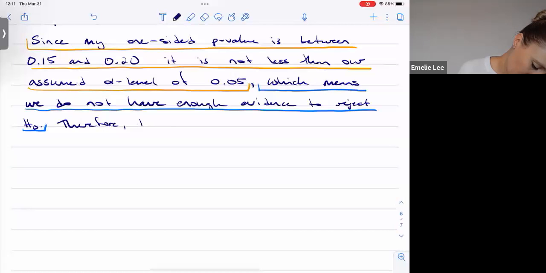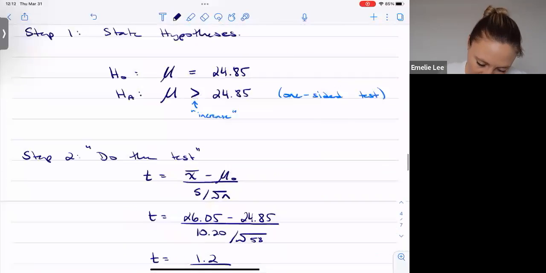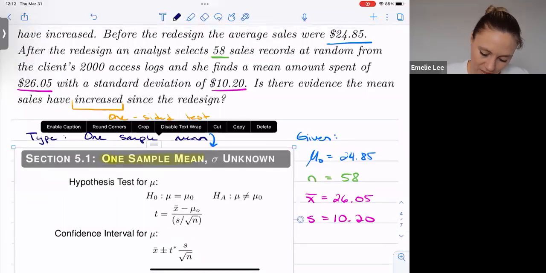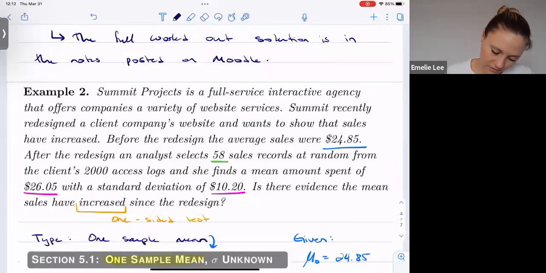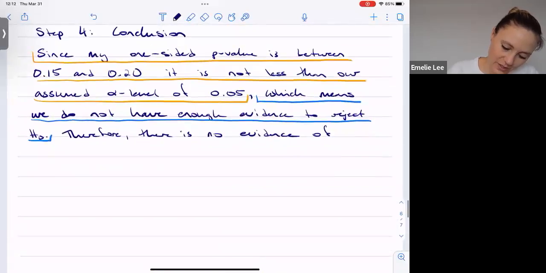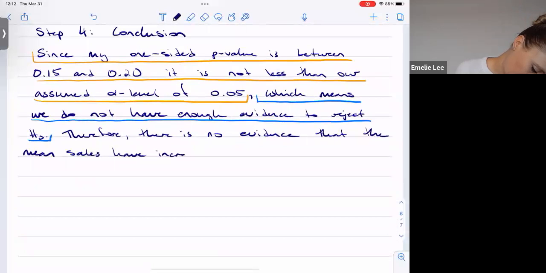Therefore, there is no evidence that the mean sales have increased significantly.